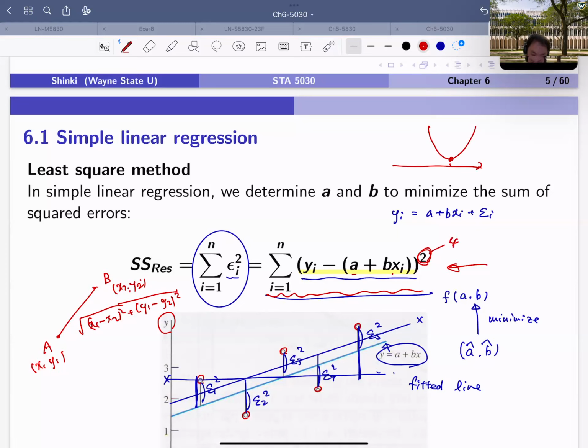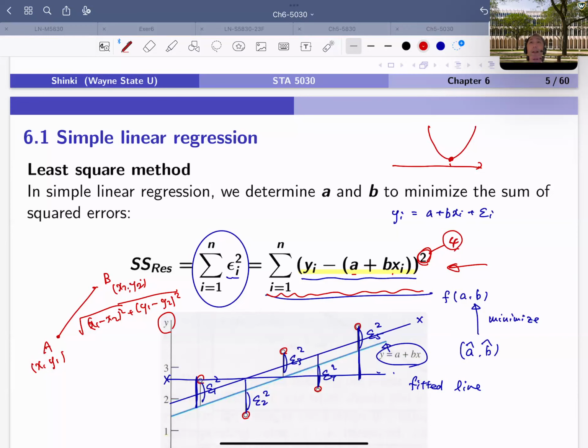Then basically the largest error has a lot of influence on the entire summation. So if we make this into 4, actually some extreme observations determine the straight line.